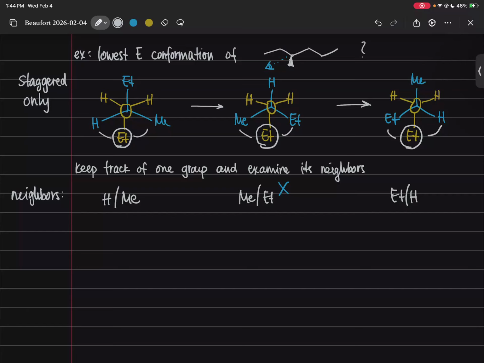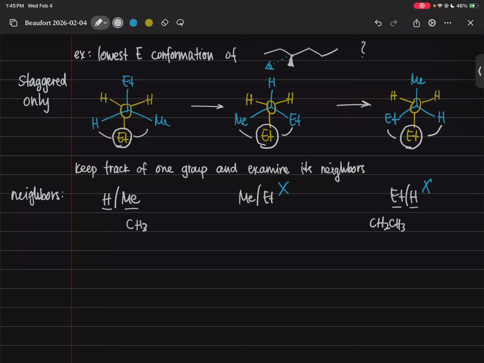So in the first one, we've got a hydrogen and a methyl group as neighbors, right? A methyl group is 1 carbon, CH3. An ethyl group here is larger, CH2, CH3. And so this has more stuff next to the ethyl group.